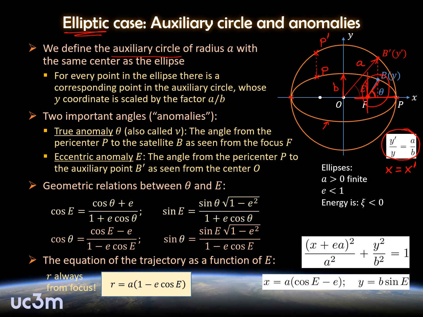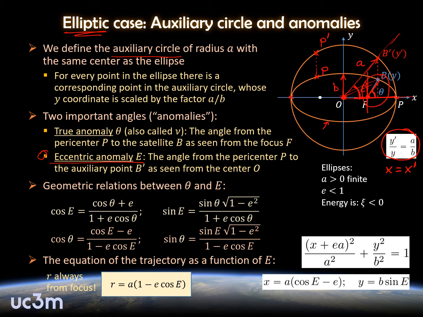This is what we are going to call the eccentric anomaly, as you can see over here. It is the angle defined as follows. Instead of measuring from the focus of the conic, we move to the center of the conic. And we take the angle from the horizontal axis, not to the point where we are interested on the ellipse, but to the corresponding point on the auxiliary circle.